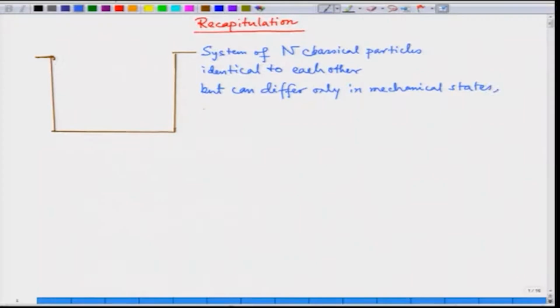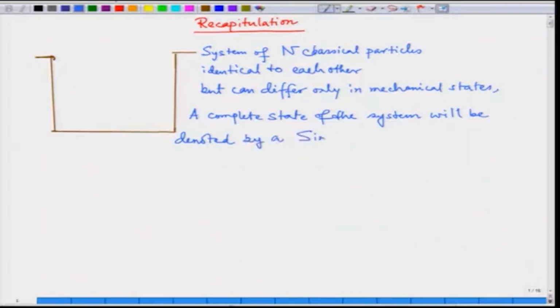Then the complete state of the system will simply be denoted by a single point of gamma space.